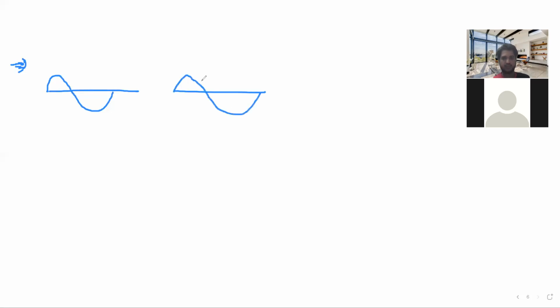If these two waves are going to combine, they are going to overlap. This portion is going to overlap with this, so obviously it will become larger. And this portion is going to overlap with this one, so this is also going to become larger.